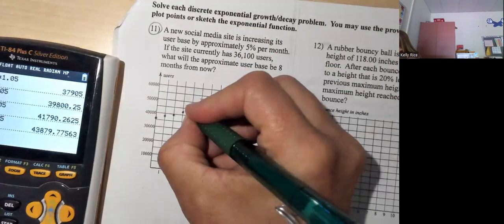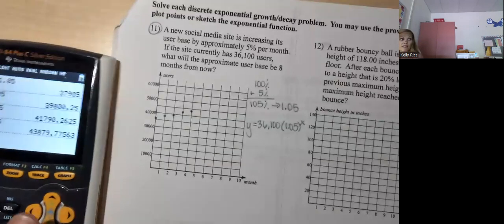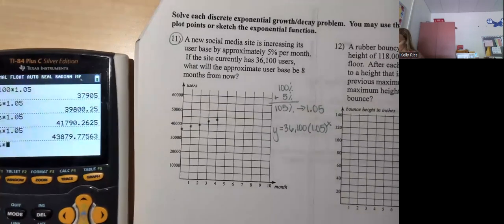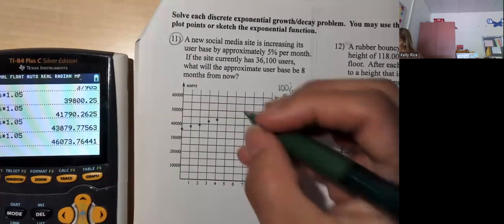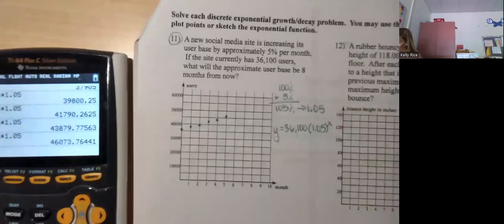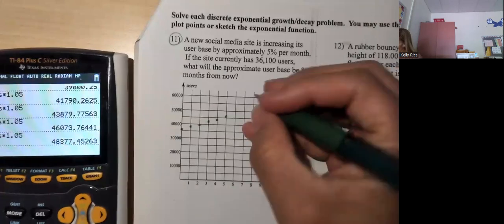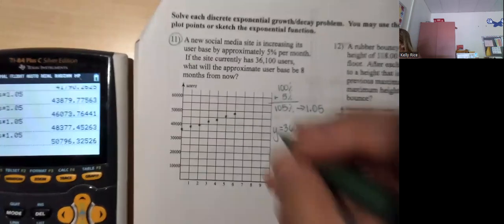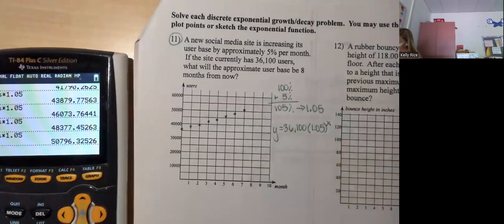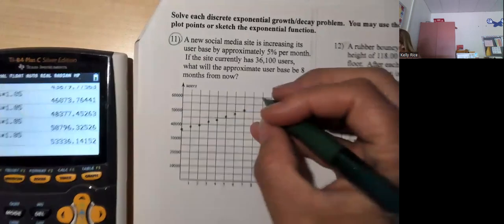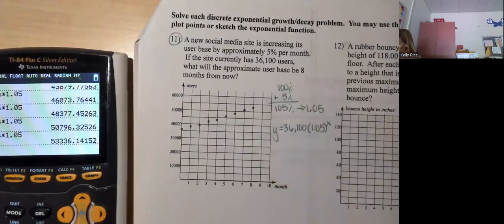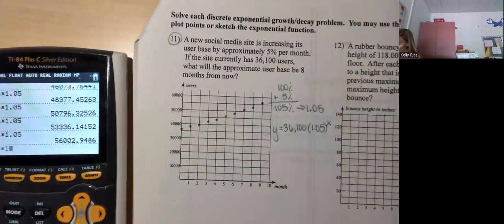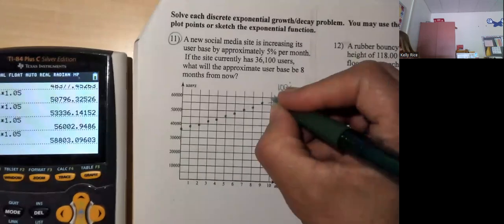Close to 44,000. Notice every box is 5,000 here. 46,000. 48,000. 51 almost. 53,000. 56,000 and almost 59,000.